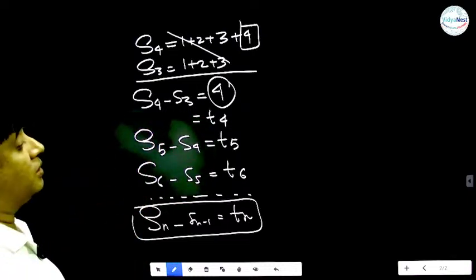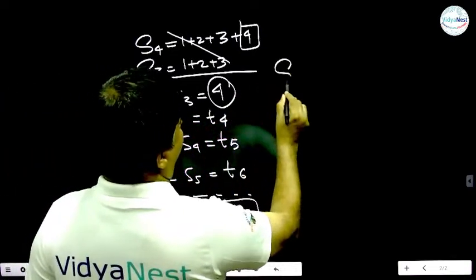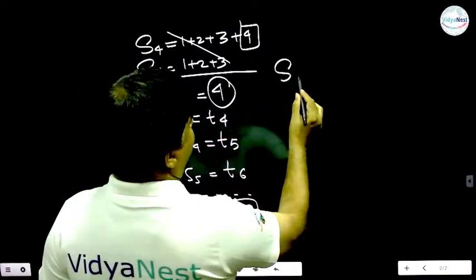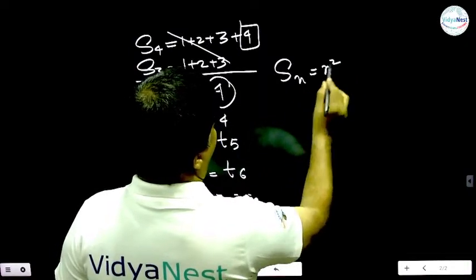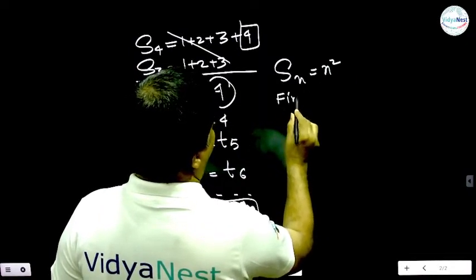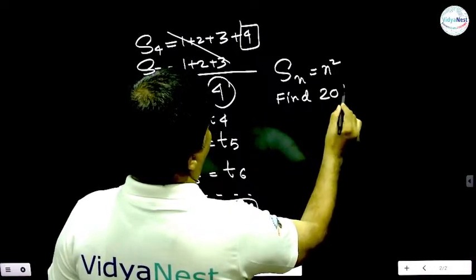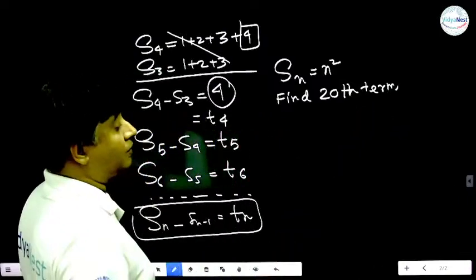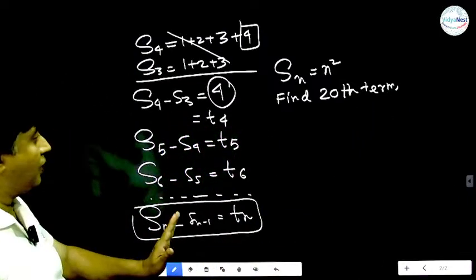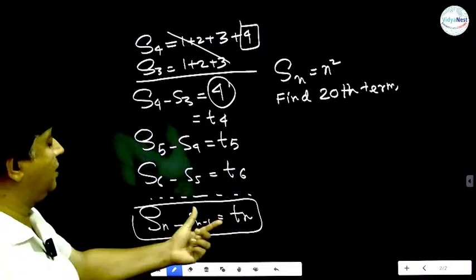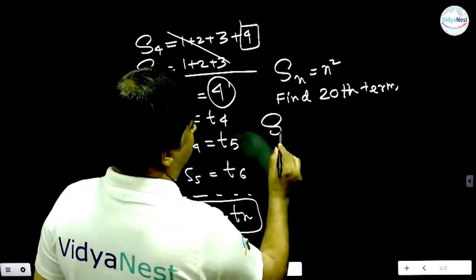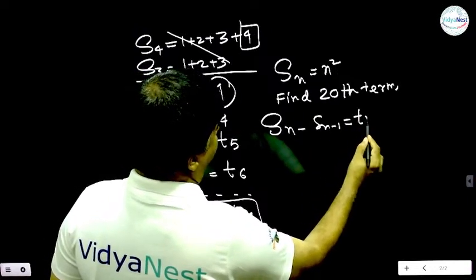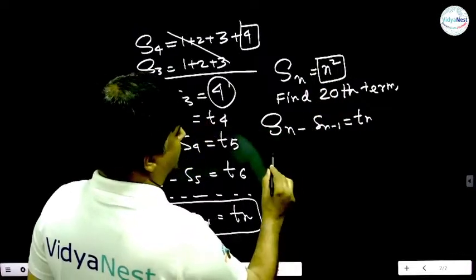Suppose, for one simple example at school level, Sn is given as n square, and you are told to find the 20th term. How to find that? We have come to know Sn minus S(n minus 1) is Tn. What is Sn? n square.